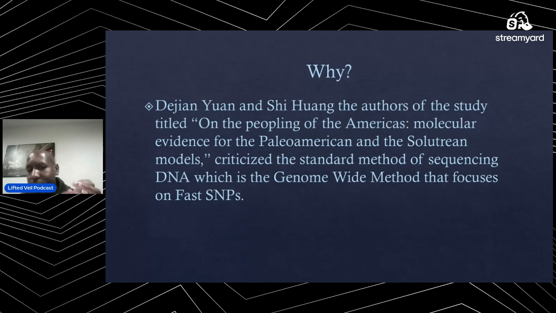The genome-wide method is what mainstream geneticists typically use. They criticized it basically because it is an averaging of fast SNPs across the genome. And I'm going to get into more detail as the slides progress.